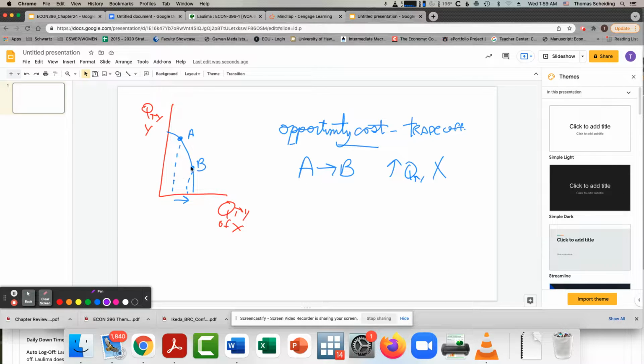But it also represents a decrease in Y. And that is the trade off that we're measuring. We just want to know how many X do I gain compared to how many Y did I have to give up to gain that X. So that's the opportunity cost.